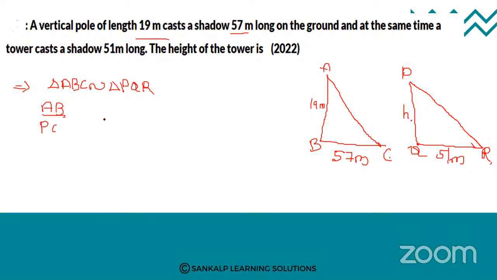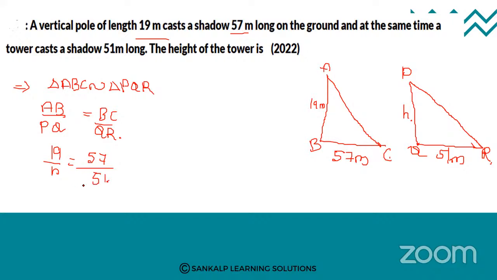Because these two are corresponding sides. AB divided by PQ is equal to BC divided by QR. Okay, we want the value of PQ. The value of AB is 19. PQ is H. BC is 57 and QR is 51.